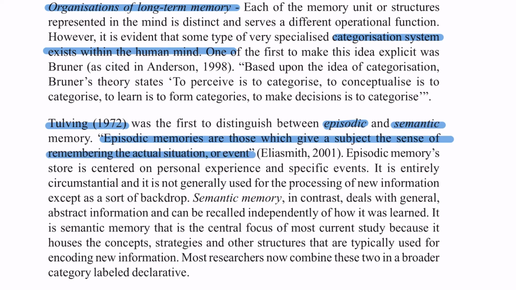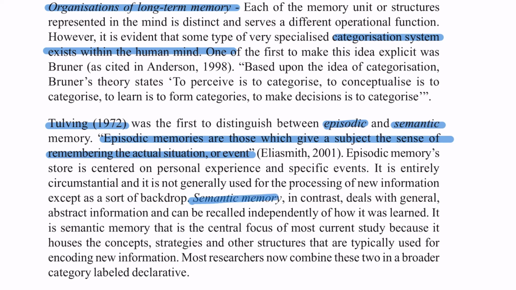Like you have celebrated your birthday and you are very happy about that, and you got good surprises and all. Those images, personal experiences and emotions that are stored, we call episodic memory. You remember those things as they were, so we call it episodic memory.